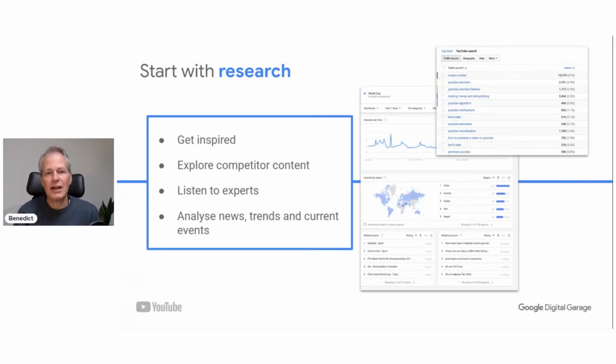For example, a channel may notice that a significantly higher number of viewers arrive at the channel by searching for the title of a popular format, like meme review, as opposed to searching for the channel name itself. Now, this would indicate a high viewer affinity for the format, and might encourage the channel to make the format a bigger part of the overall channel's content.